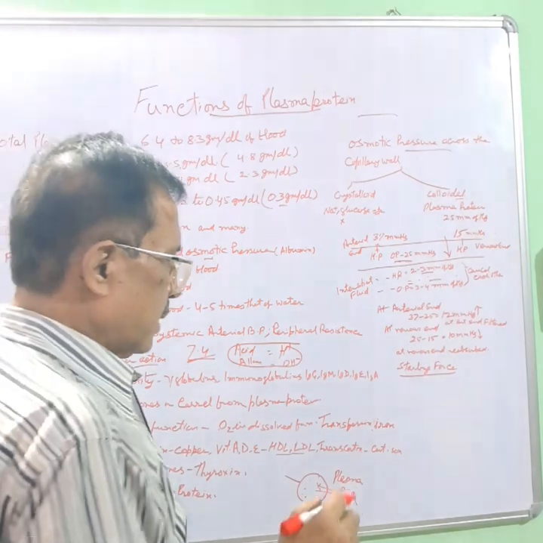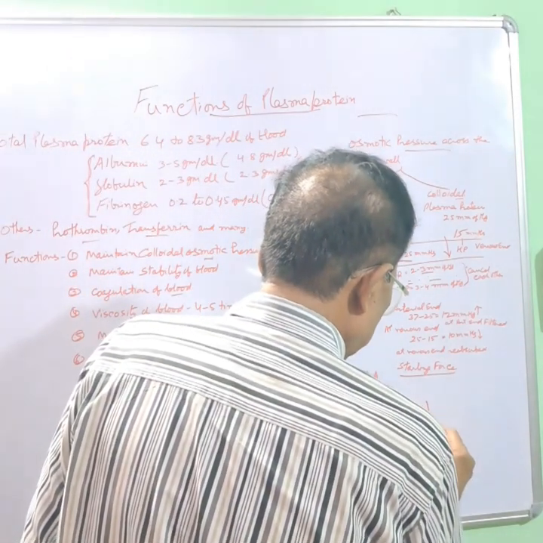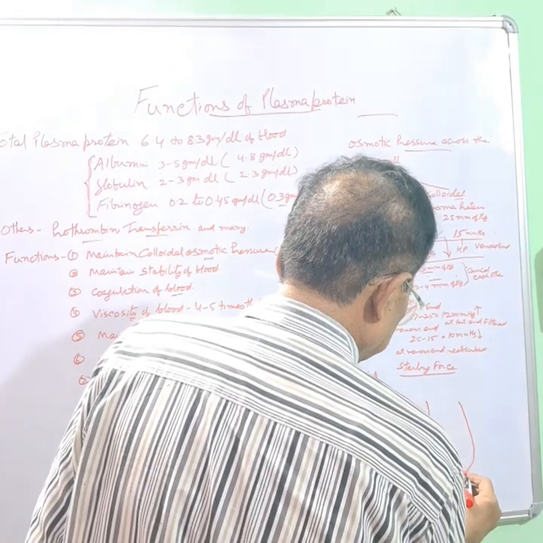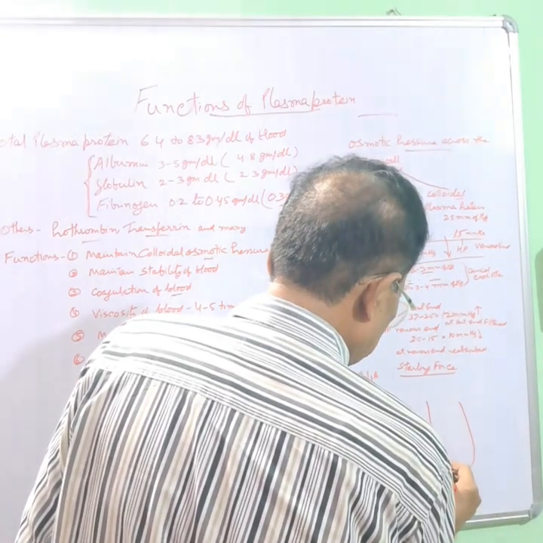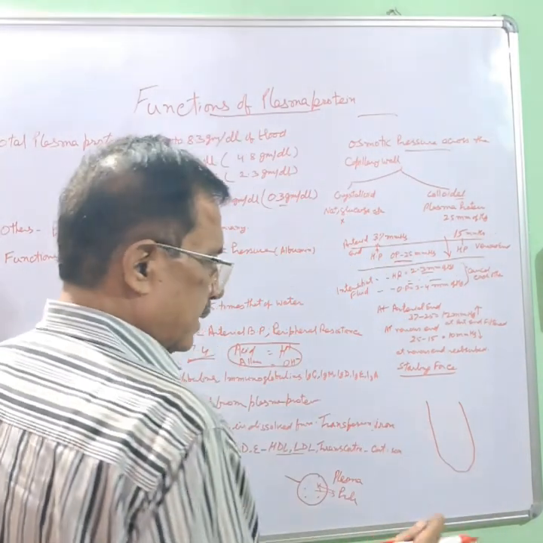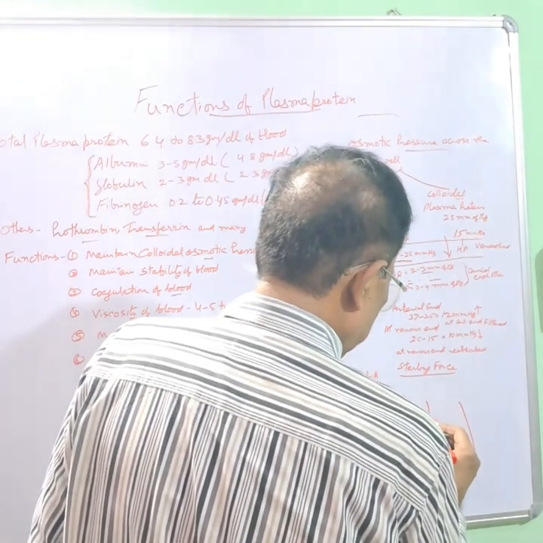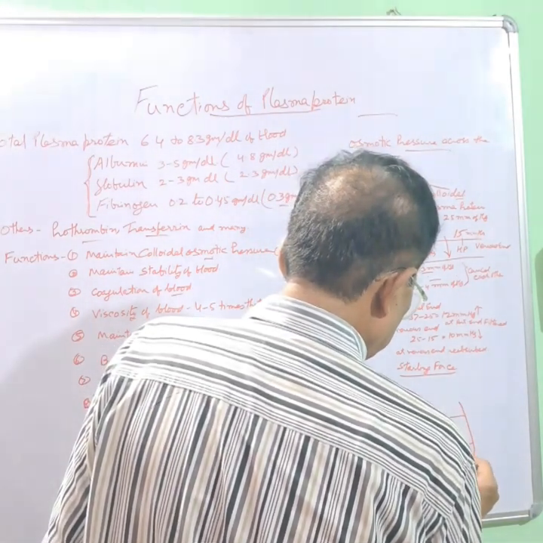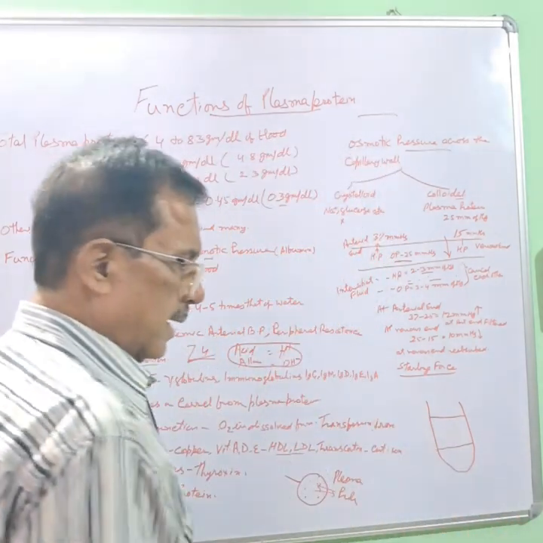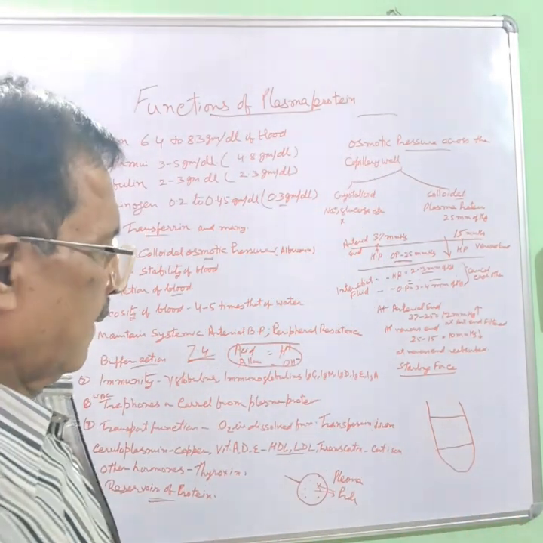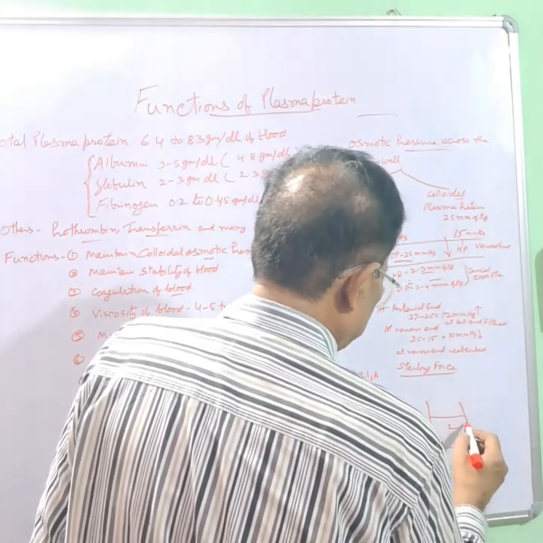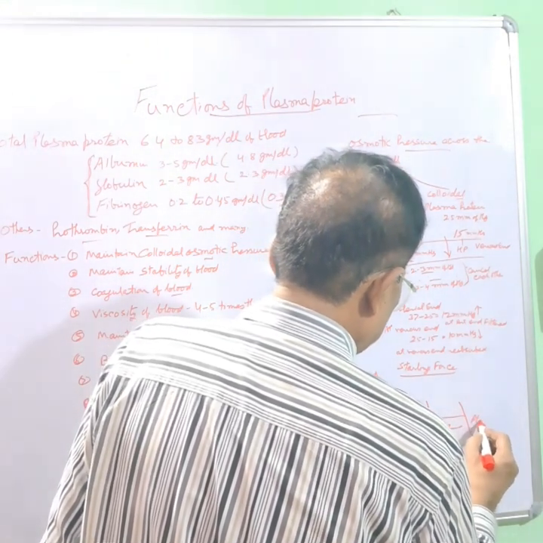Now, what is plasma? Blood has two parts: formed elements and a liquid portion. If in a test tube we allow the blood to settle, RBCs being heavier will settle at the bottom, and the upper portion is a clear fluid known as plasma.